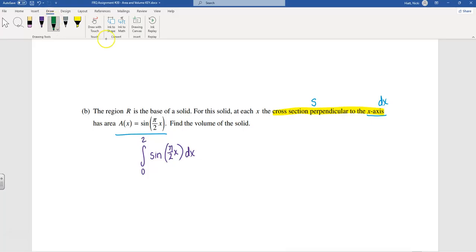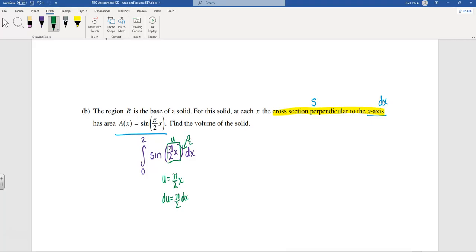And this is going to be a small u du substitution, right? Your u has to be pi over 2x, which means that du is going to be pi over 2 dx. So I need to put a pi over 2 right here.